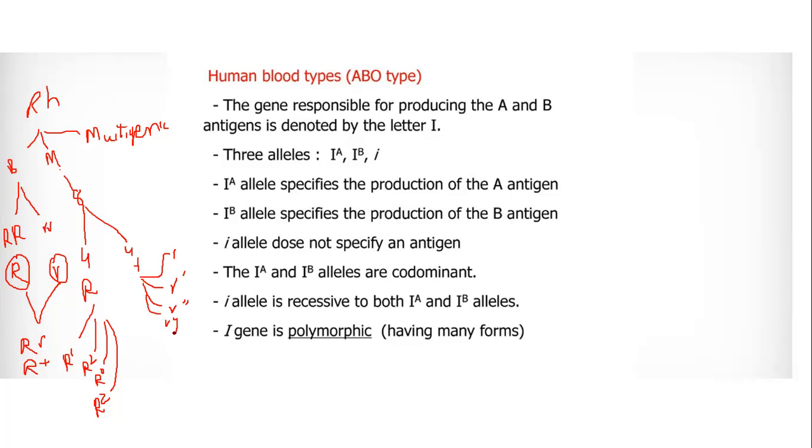So this is the second hypothesis, that eight alleles are responsible, and these eight alleles can produce the various types of Rh positivity.